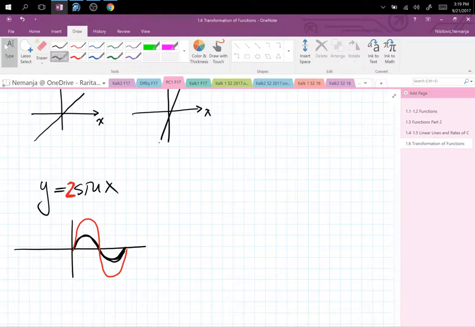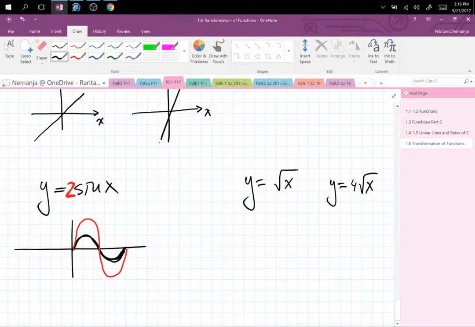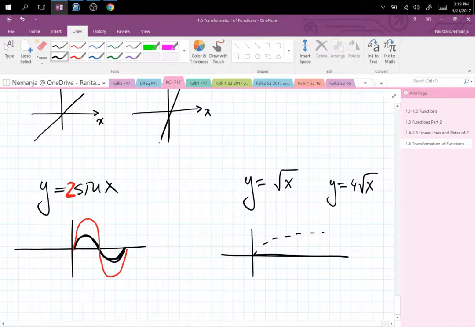You can work on, let's say, y equals square root of x, and then y equals 4 square root of x. In which case, you have the parent function, and then you have the one that is 4 times up.